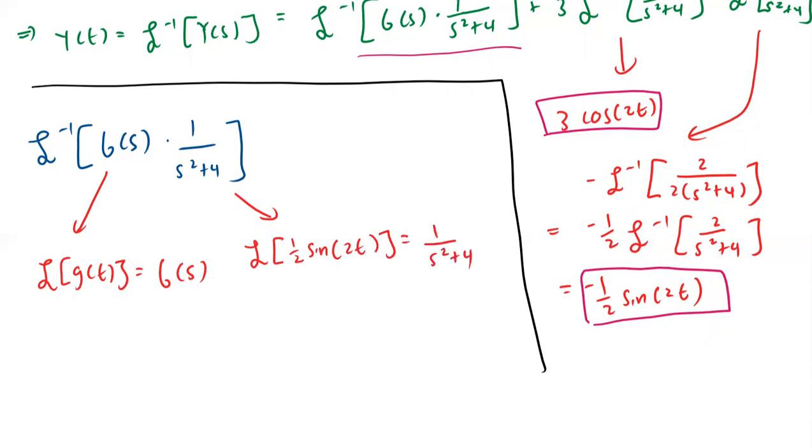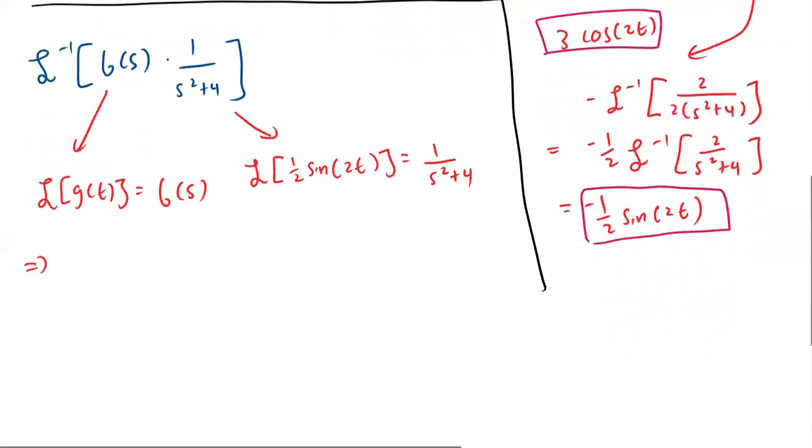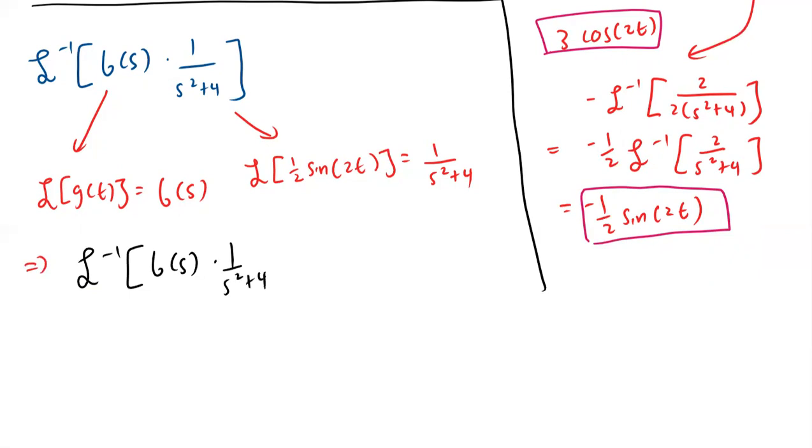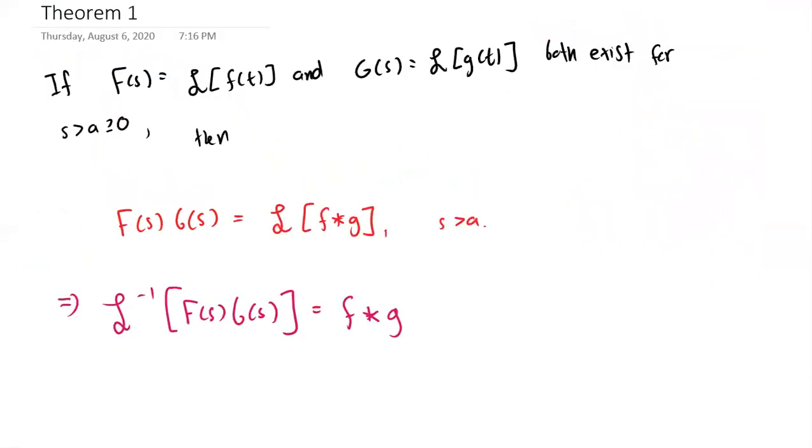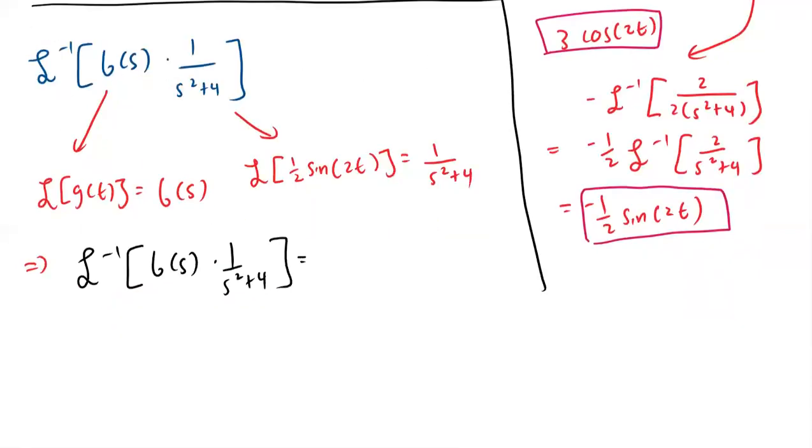So by definition, or using theorem 1, the Laplace inverse of G of s times 1 over s squared plus 4 is equal to the convolution of g of t with 1/2 sine of 2t.